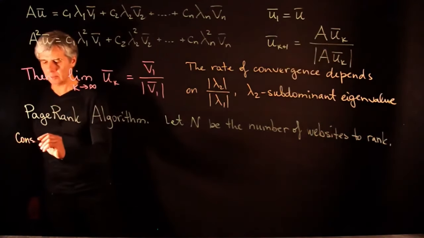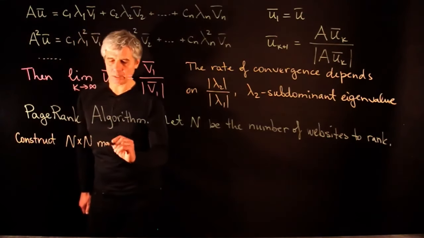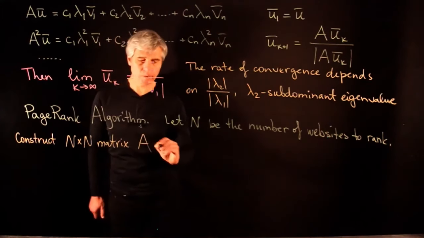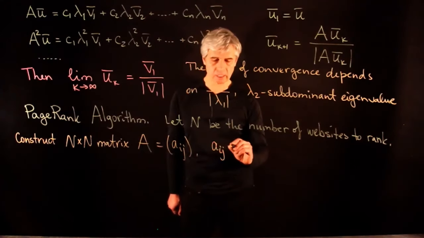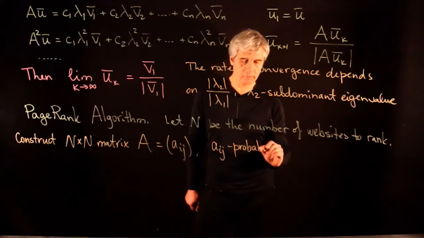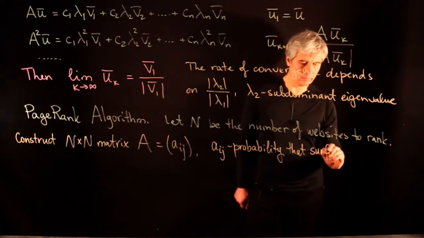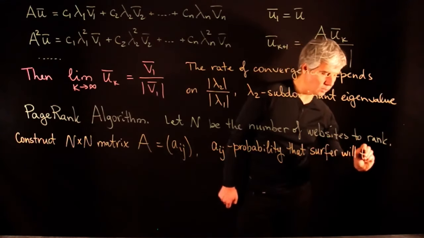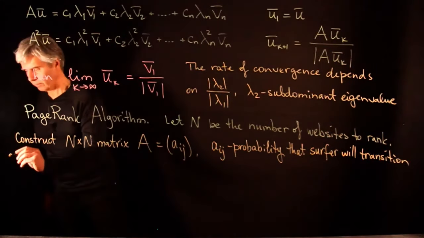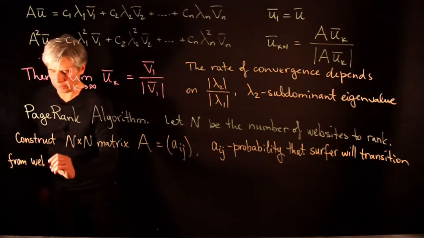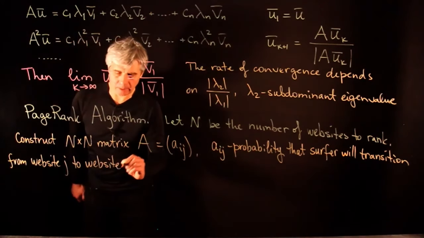We construct an n by n matrix A with entries a_ij, where a_ij is the probability that this random surfer will transition from website j to website i.